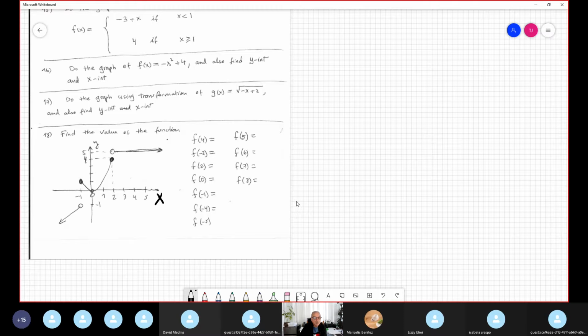You try to find, for example, 4 here, and you go to the curve. We have two possibilities, going up or going down, but down we have no graph. So it's going up to touch the graph, and you move to the y-axis in order to determine the y value, F5. Do you understand this or not?